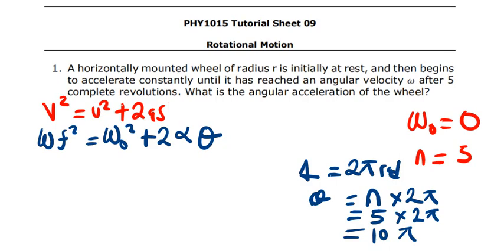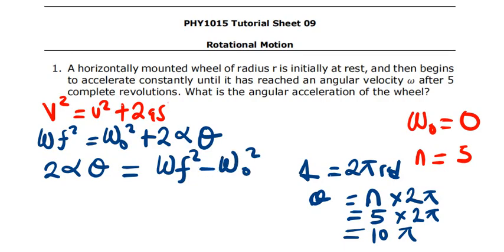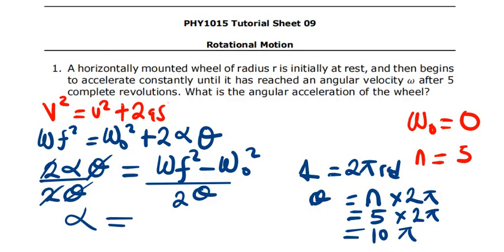I'm going to take this one to the other side, so I'm going to remain with 2 alpha theta, which will be equal to the angular velocity final minus the initial one squared. Therefore I'm now going to divide by 2 theta on both sides. The 2 and the 2 cancel, therefore my alpha, or my angular acceleration, will be that. Now have we been given the final one?